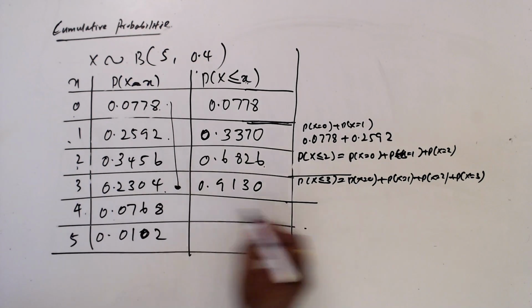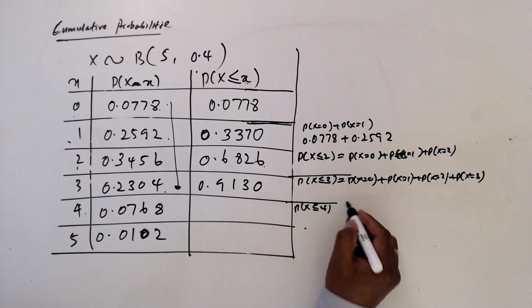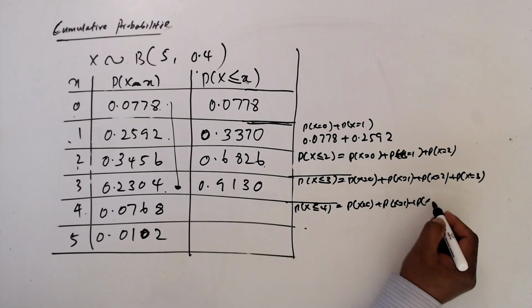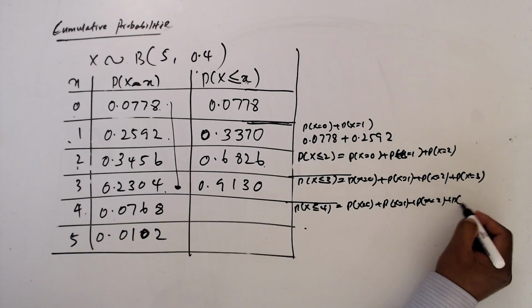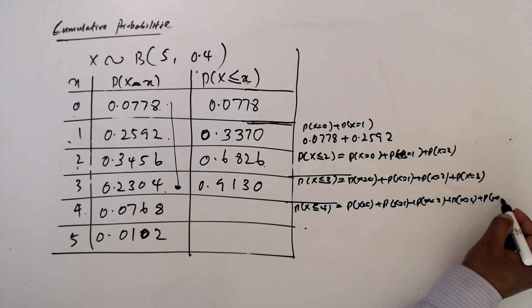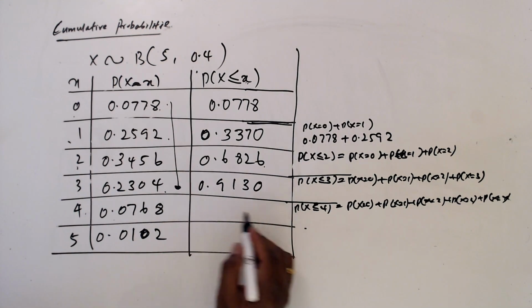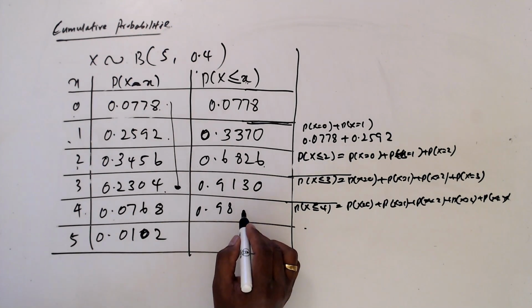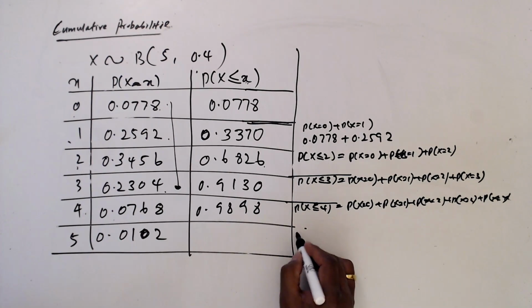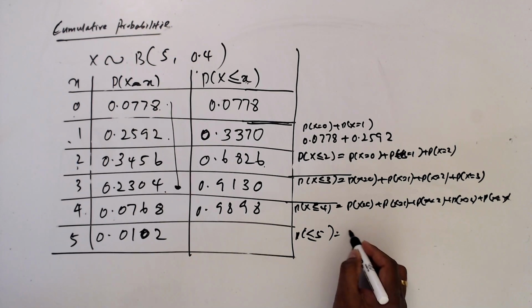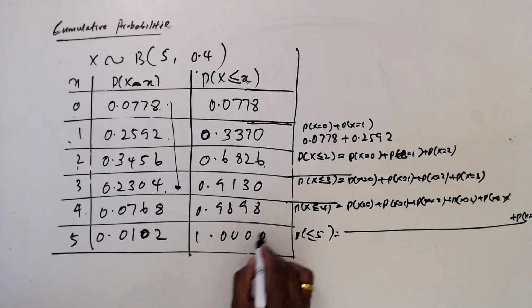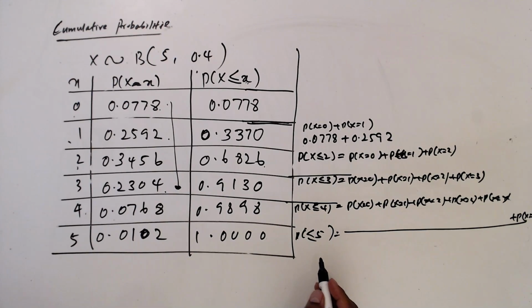Now probability of x less than or equal to 4: probability of x equal 0, x equal 1, x equal 2, x equal 3, and probability of x equal 4. So this answer is going to be 0.9898. And last is x less than or equal to 5, and we have to add all plus P(x equal 5). Then we know this answer is 1. I discussed this one last time as well.